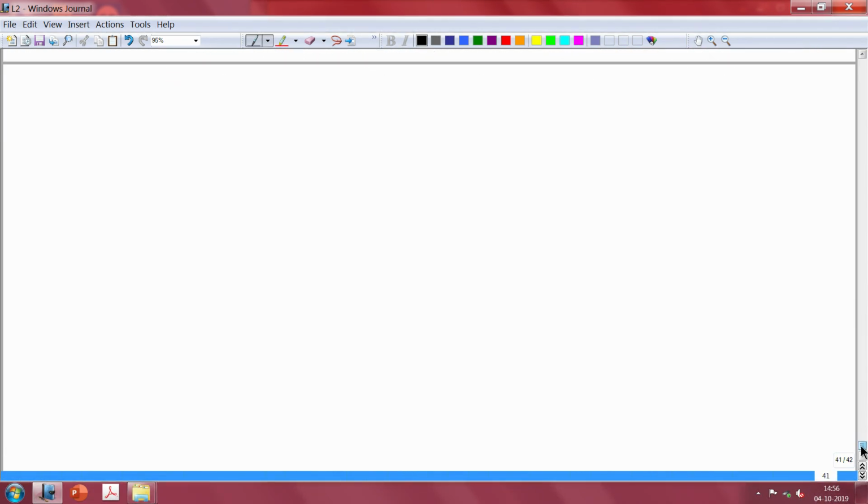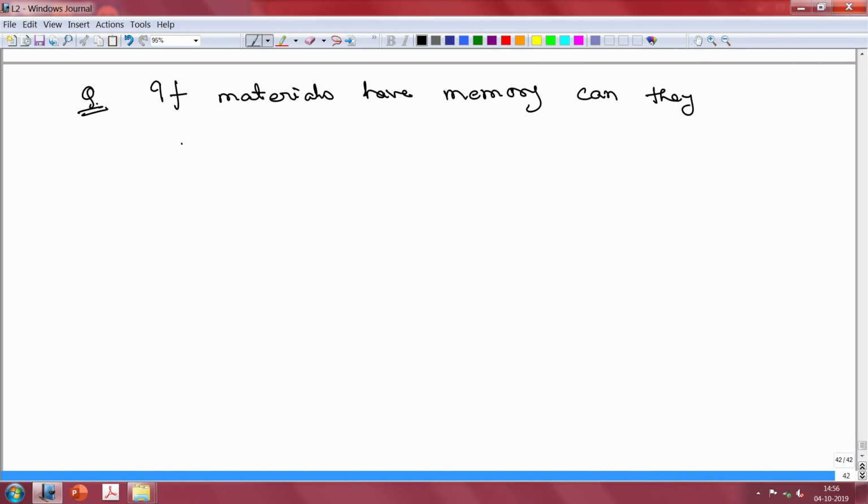So here our question is, and the implication of that is, whether T equal to 0 can be chosen arbitrarily or not. So, we are trying to wonder, if materials have memory, can they also age?